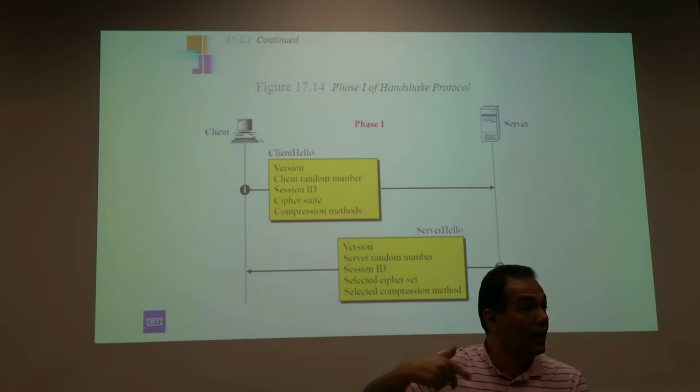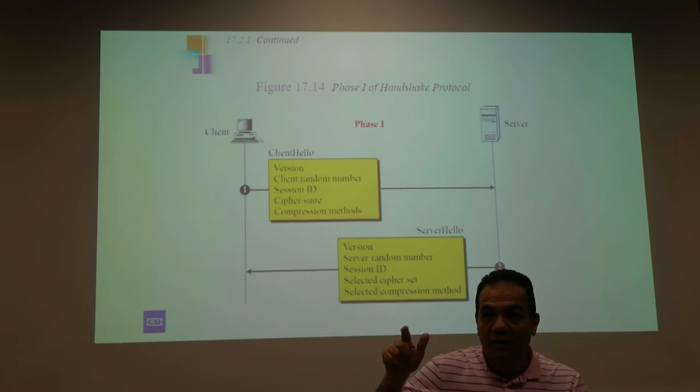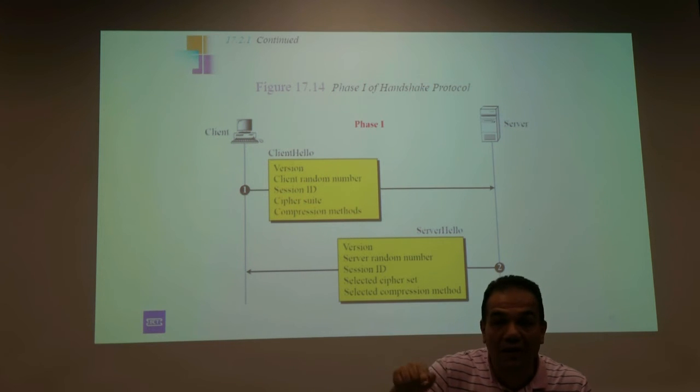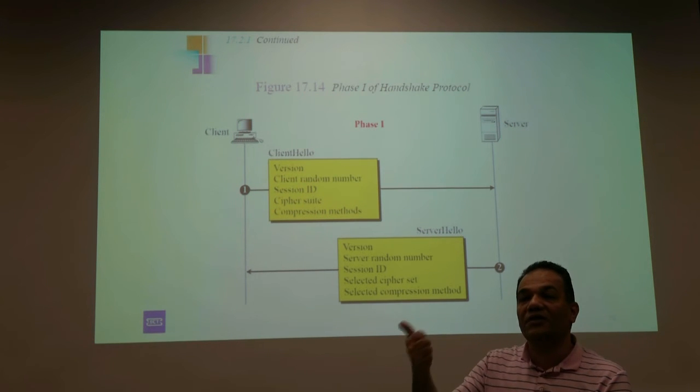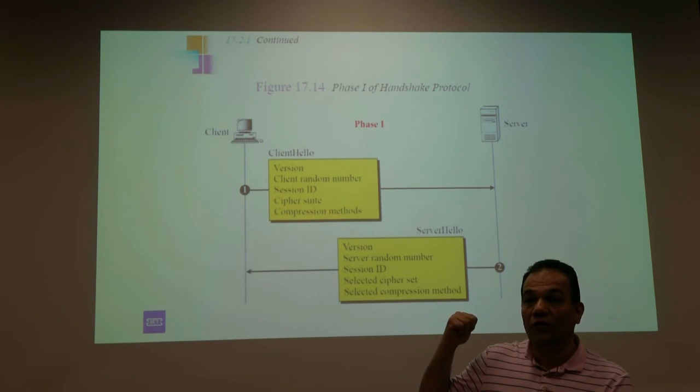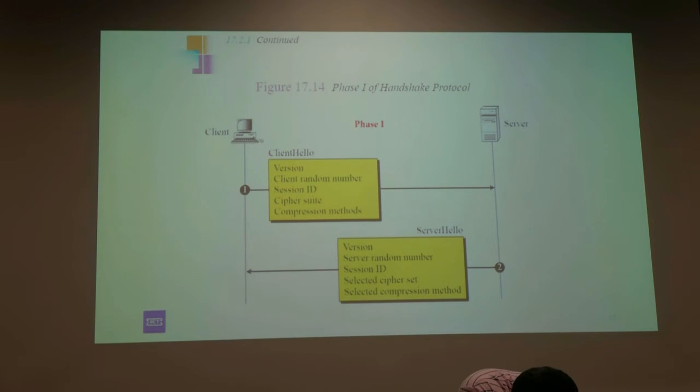Not necessarily all 6. SSL supports the 6, but the client can't necessarily support all 6. So the client has to tell the server, I can do this and this and this. Then the server has to pick those that are convenient for both.